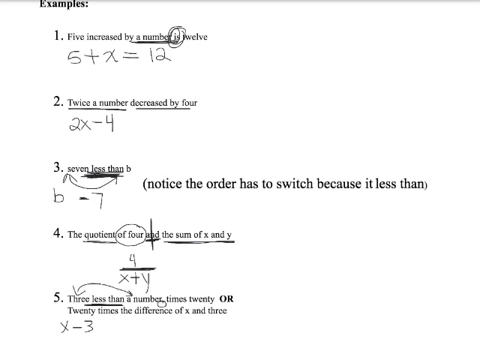Now, that comma tells you that you should put that in parentheses. To show times 20, I could either put 20 out here, or more commonly, you would probably see it written with the 20 out front, like when we use the distributive property. I would probably write it that way, but it would accept it either way.